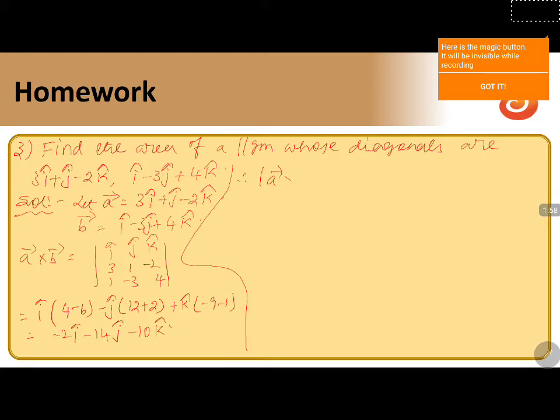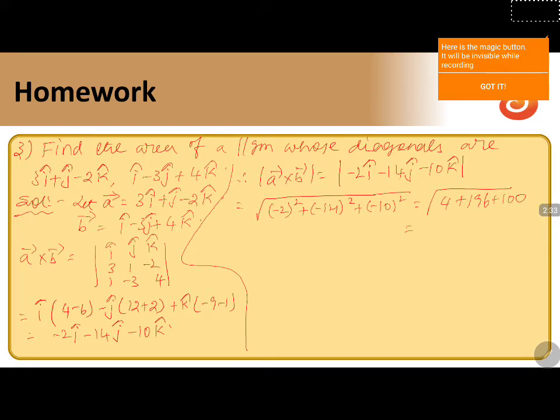Therefore, the magnitude of a vector cross b vector is equal to the magnitude of minus 2 i cap minus 14 j cap minus 10 k cap, that is equal to the square root of minus 2 whole square plus minus 14 whole square plus minus 10 whole square, that is equal to the square root of 4 plus 196 plus 100, that can be written as square root of 300, and even this can be written as 4 into 75, that is equal to 2 into root of 25 into 3, that is equal to 10 root 3.